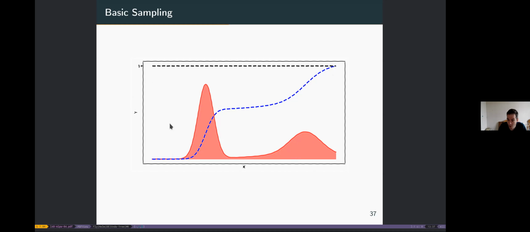So think along y. I draw a value here, and then I push that value through this function, and those values will now be samples from the red distribution. So as long as I can formulate the cumulative distribution, I can always draw samples from a uniform distribution and get them to any distribution. That's the first step we need.